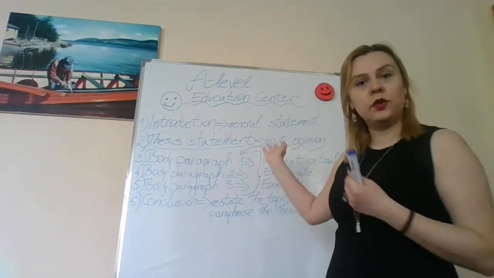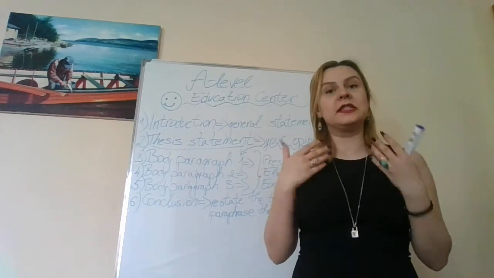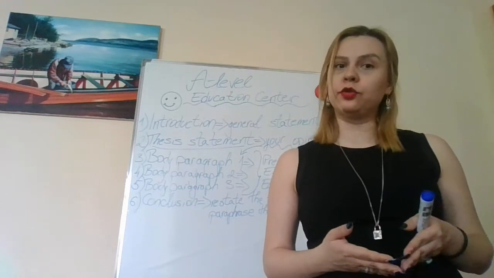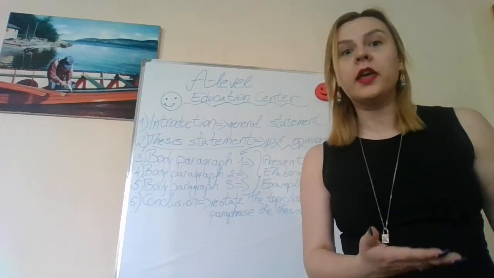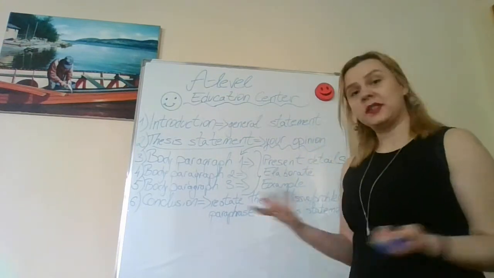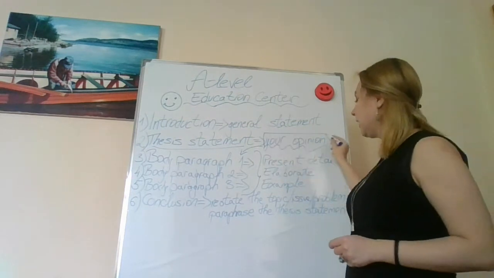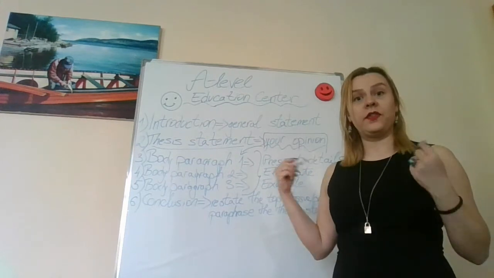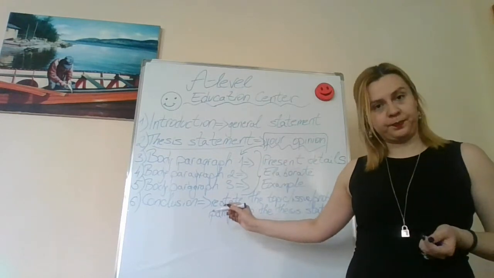So, as we said, since you have introduced us to your opinion and your arguments, now you have to give details to your reader in order to prove and elaborate in more detail why he or she should accept and follow your opinion. The best way to do that is, of course, to divide your arguments mentioned in the thesis statement into 3 parts, or to have 3 separate arguments that you will elaborate in body paragraphs.